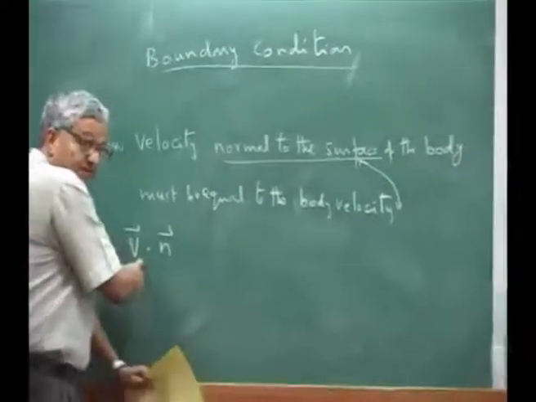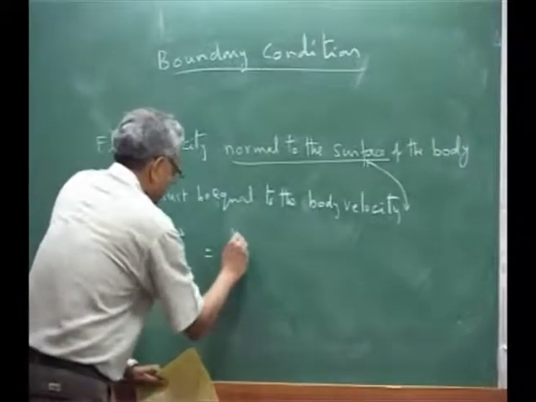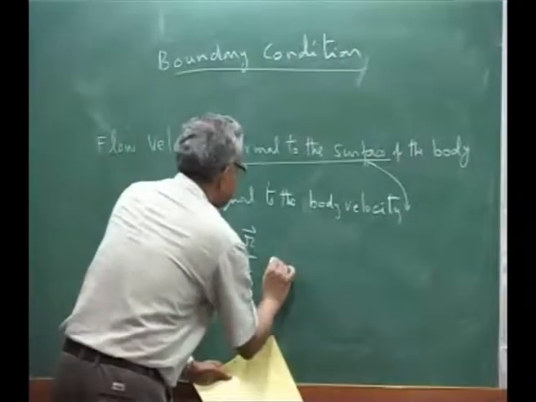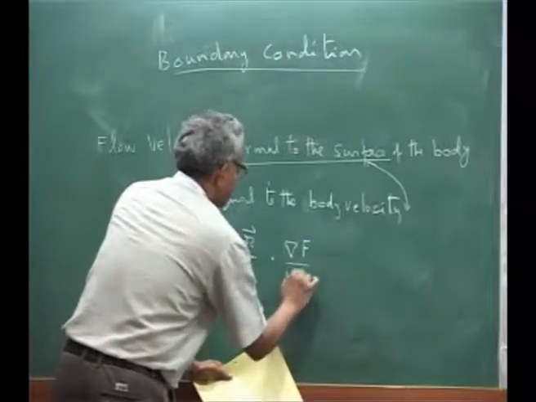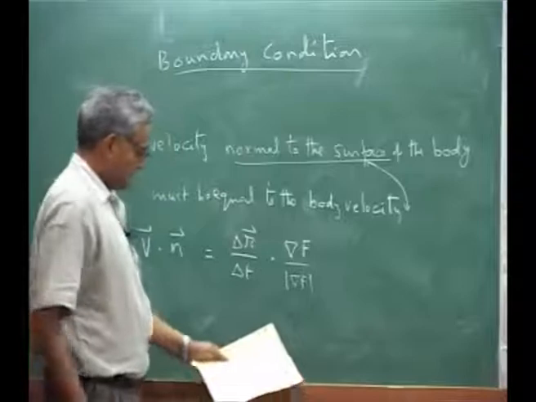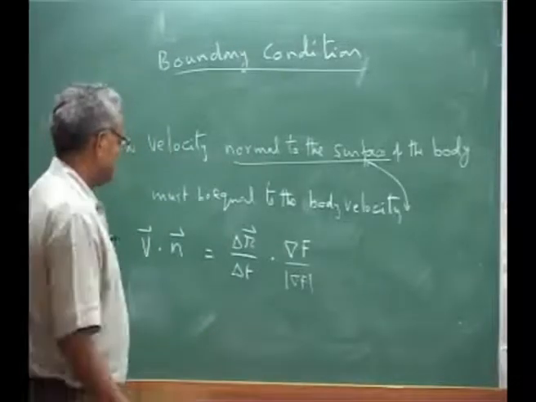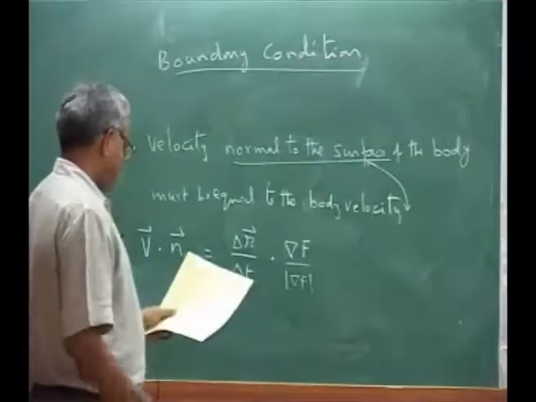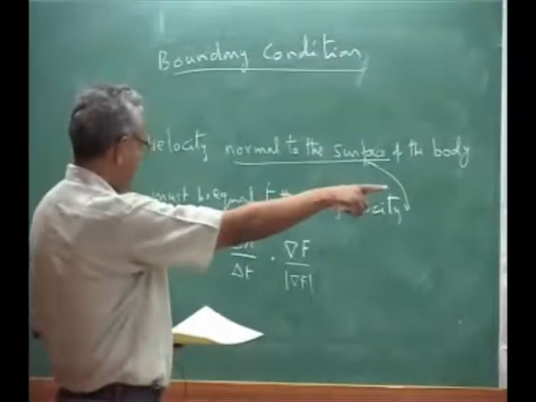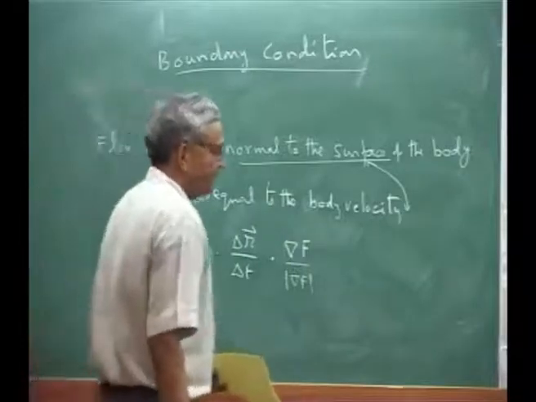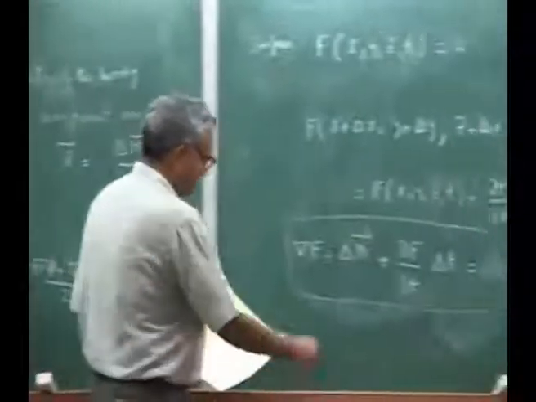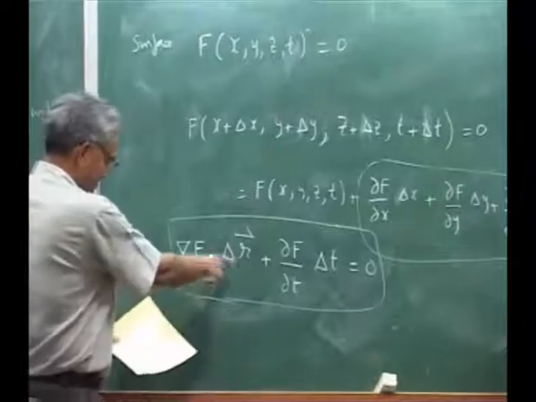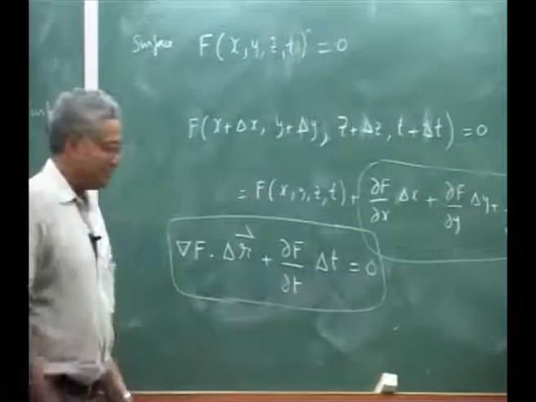Please understand, V is the velocity of the body. This is delta R over delta T, and the normal is gradient F by mod F. Now, from that equation, delta R by delta T, and you divide by the magnitude of delta F, what will you get?